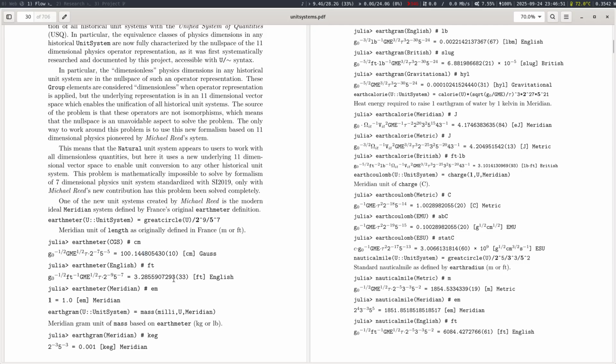And so that's, if you actually try to estimate what the actual meter should be, if there were 40,000 meters in a great circle, then that would be 100.144 centimeters. So it's a little bit bigger.